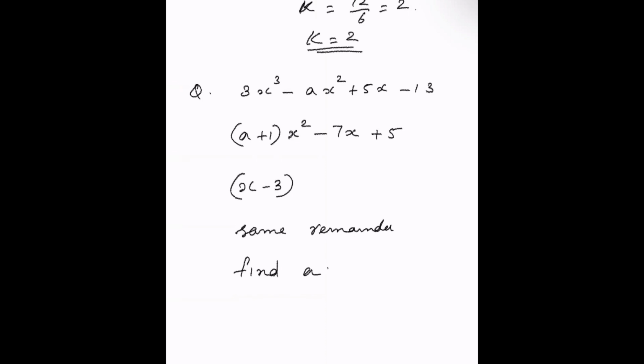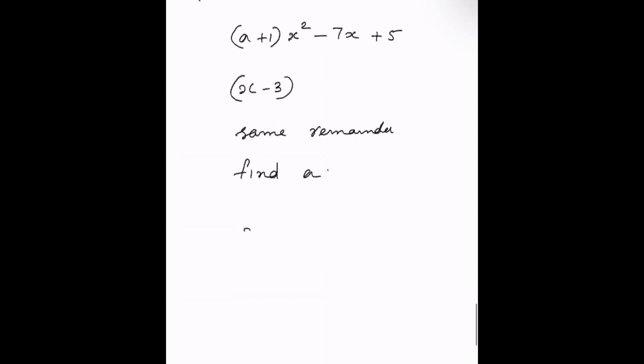Here the divisor is x minus 3, so the value of x is going to be 3. In both polynomials, you need to substitute and equate.